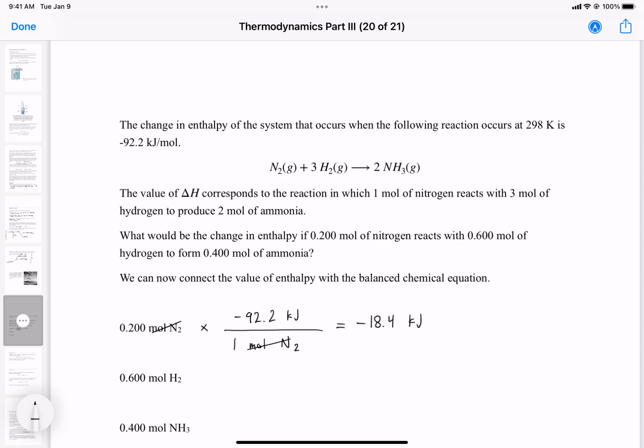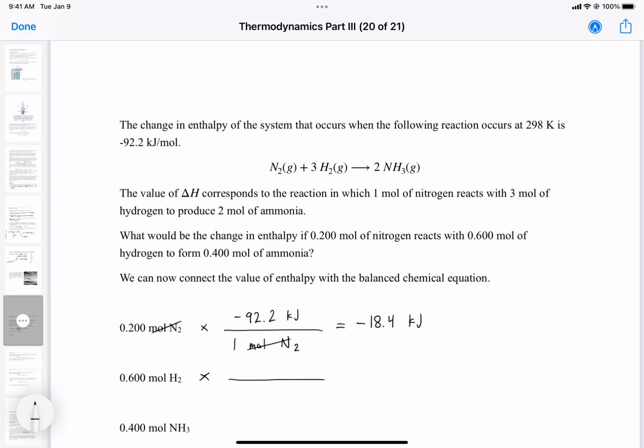Now, if we have hydrogen here, notice for each of these species in the chemical reaction, we simply divided everything by 5.